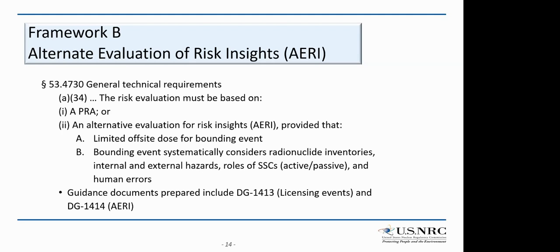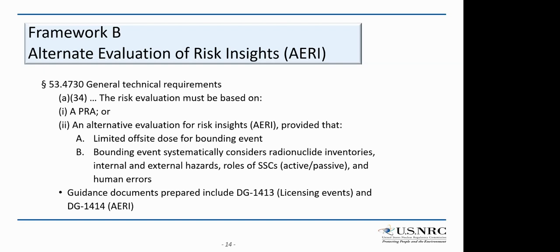The use of the ARI provision, we have some criteria for who could use that. They have to show that there's a limited offsite dose for a bounding event. And then they have to do a systematic look at what are the radionuclides, what are the hazards, what's the role of various active, passive, and inherent structures, systems, and components, and what's the potential contribution of human errors.